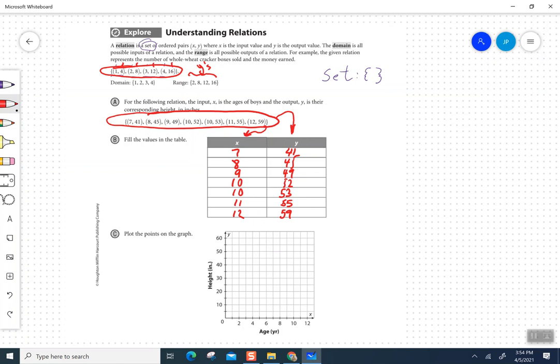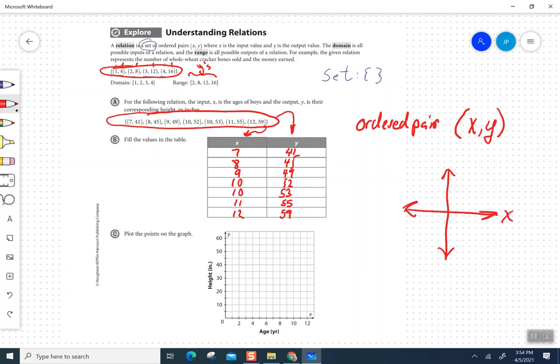For question C, I've got to get into the technicalities of an ordered pair. An ordered pair has an x first and a y second. And if you think about the x and y axis, you'll notice x is on the horizontal axis and y is on the vertical axis.